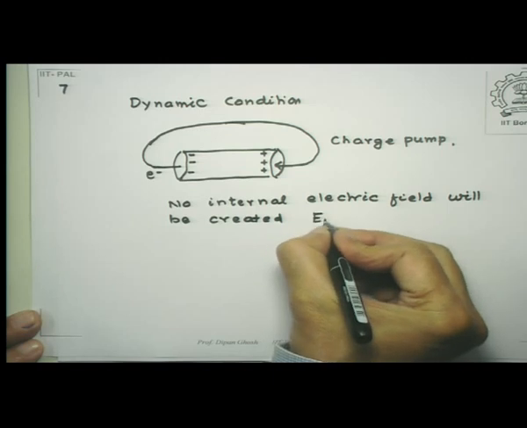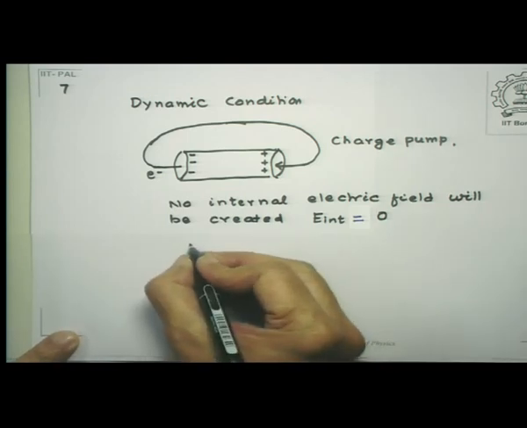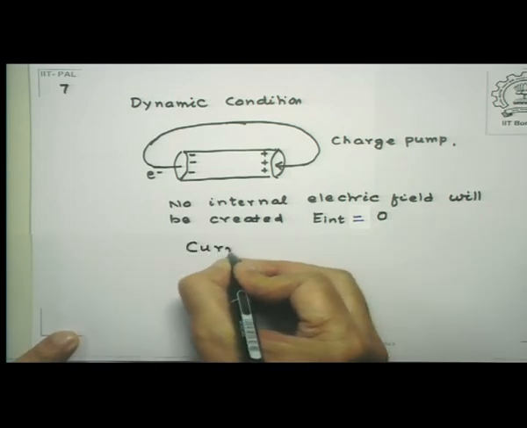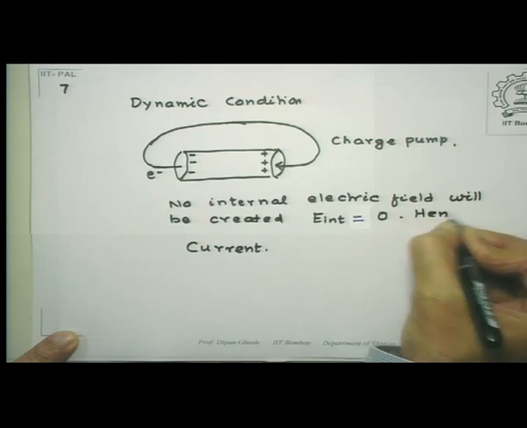E internal equal to 0 for a conductor, which would mean that current would flow regularly, and this is the way charges would flow. So, this is the way the current appears. So, hence charges will flow.